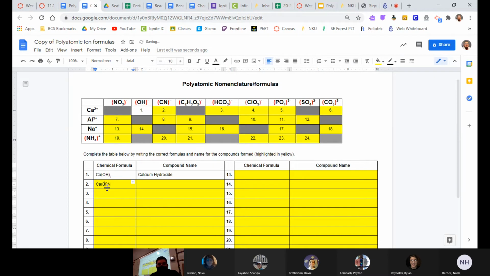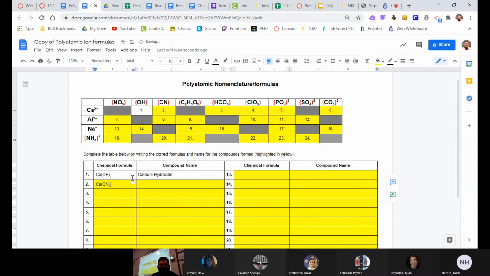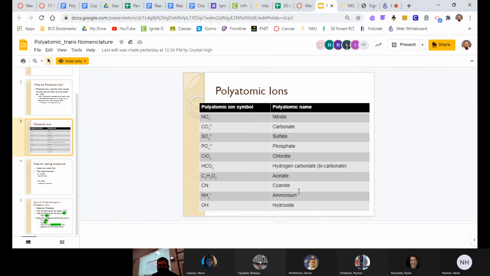We do need to practice our subscripts here, okay? And that CN is cyanide. Okay? And so we just made calcium cyanide. And again, gotta look at your table here. Calcium cyanide, right there.